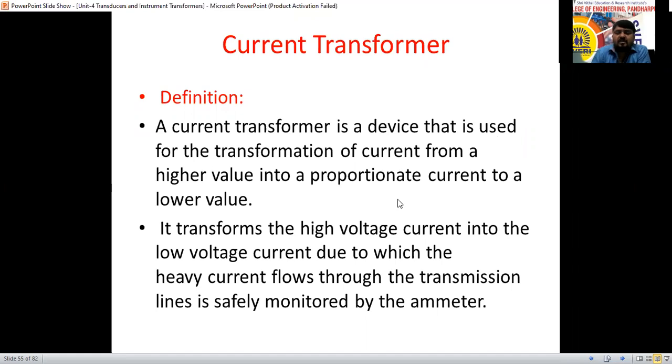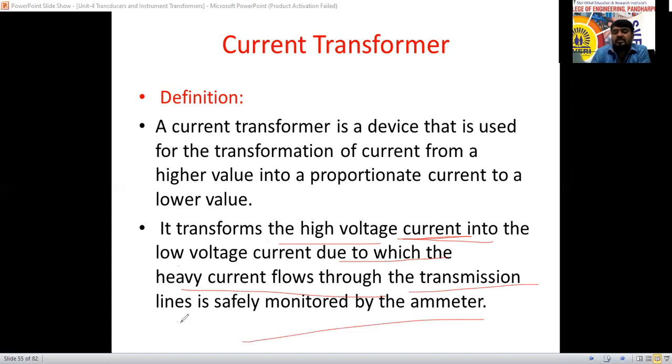So it transforms high voltage current into low voltage current. That is also important here. It can transform a high voltage and high current ratio into a low voltage current value, due to which the heavy current flowing through the transmission line is safely monitored by the ammeter.